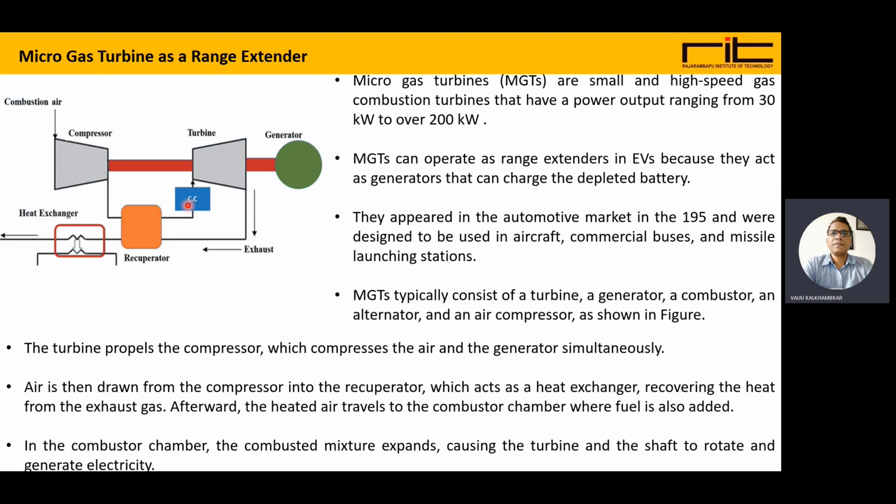Afterward, the heated air travels to the combustor chamber where fuel is also added. In the combustion chamber, the combusted mixture expands, causing the turbine and the shaft to rotate, and electricity is generated.